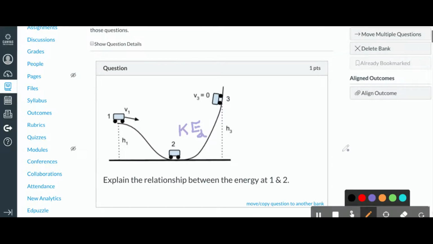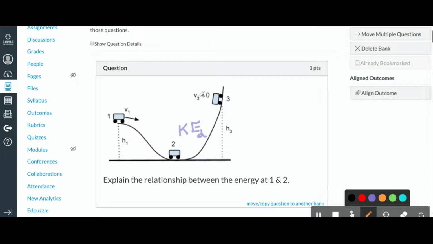And then at E3, here at 3, we need to look at what kind of energy we have here at 3. So here V3 is 0. So that means this cart is actually stopped. And so in this case, there's no velocity.